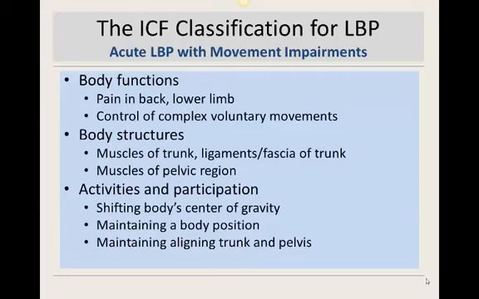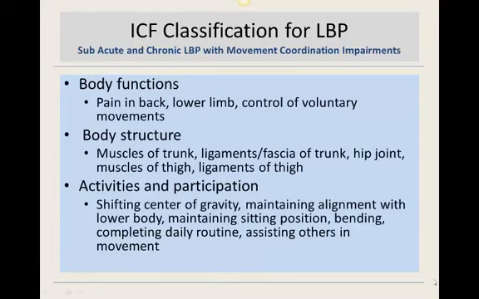So the structures typically involved are going to be the muscles of the trunk, pelvis, and hip region. Activities and participation limitations could be shifting body's center of gravity, maintaining a specific body position, and maintaining good alignment of the trunk and pelvis.